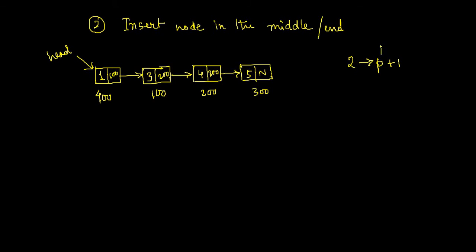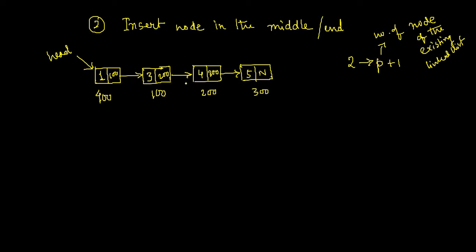What is p? p is the number of nodes of the existing linked list. So here p is actually 4 in this particular diagram.